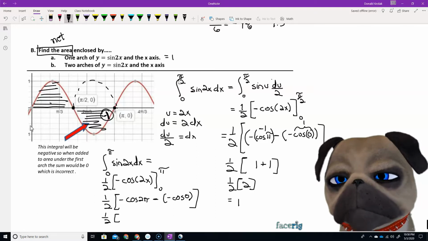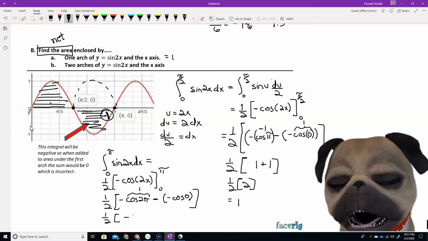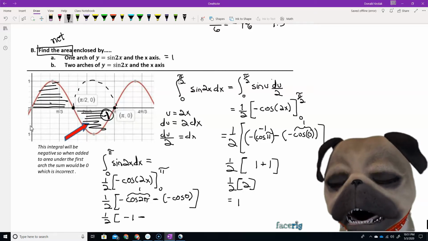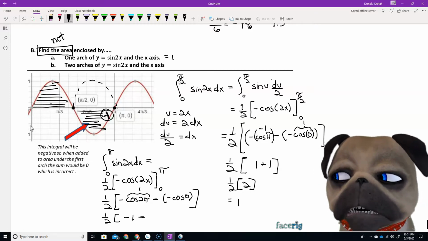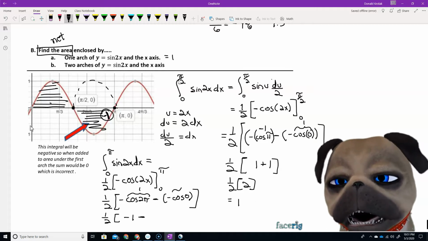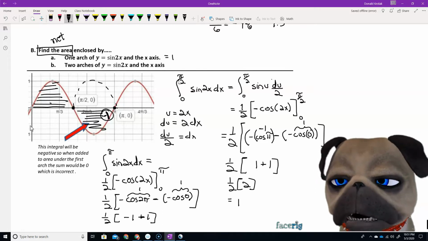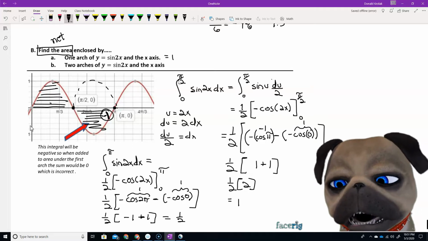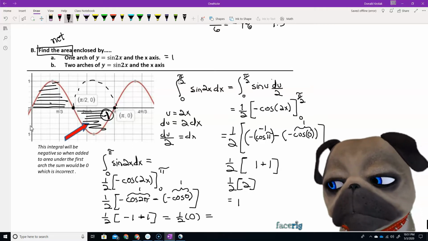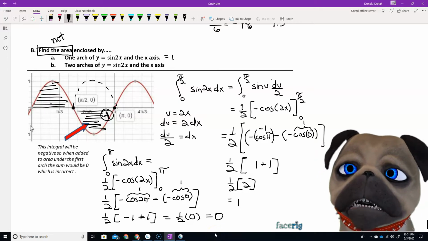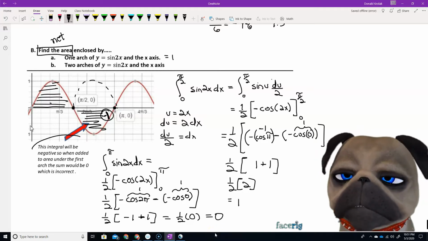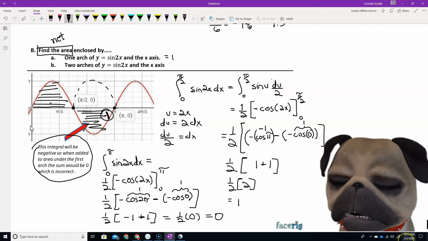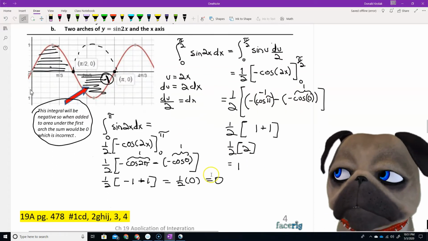Cosine at 2 pi is 1, so that's -1, minus, cosine at 0 is 1, so I got a -1, that'd be +1, and you see how you get 0, but that would be incorrect. So you have to be aware of when you have a portion of the integral that is negative.